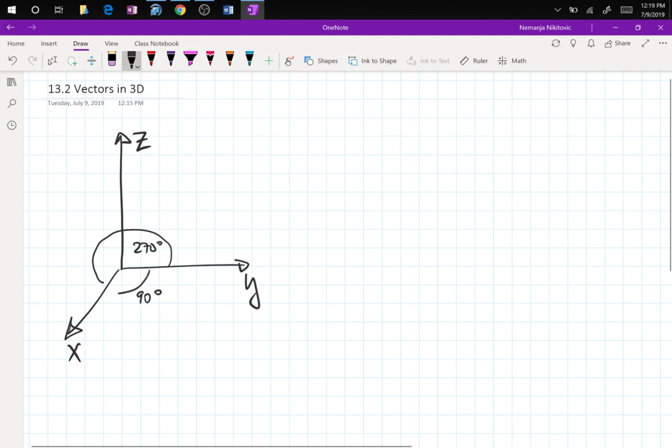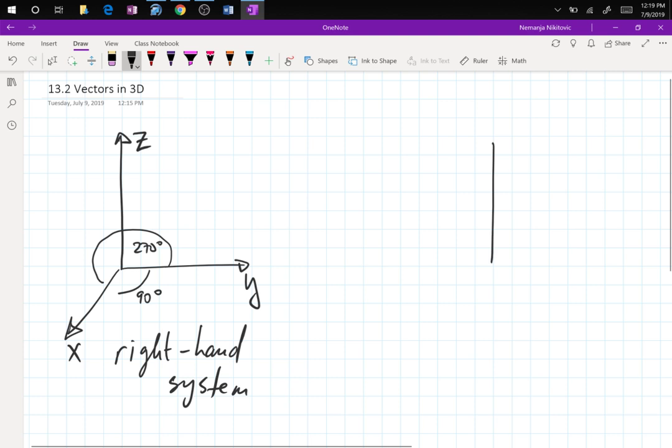So this is how you know it's a right system. When you grab it around the z-axis with the thumb pointing up into the z direction, your fingers wrapping around hit the x-axis and then 90 degrees later hit the y. This is the right hand system, and this is the one we use.